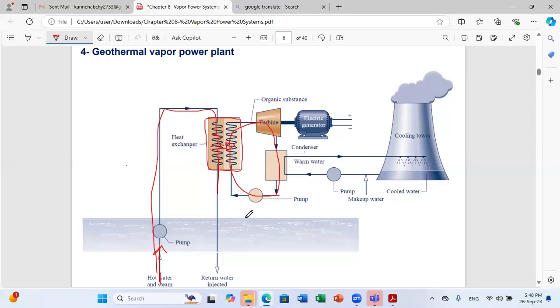So as we can see, it's always the source of energy that is varying, making a high number of energy sources possible to use with the same concept, the same cycle, which is the Rankine cycle.